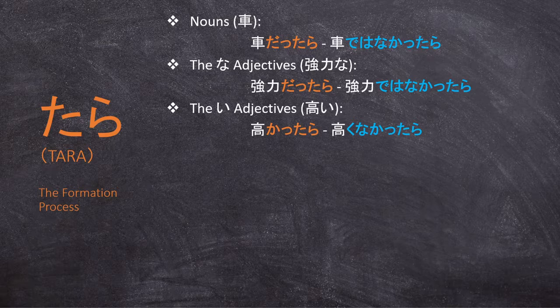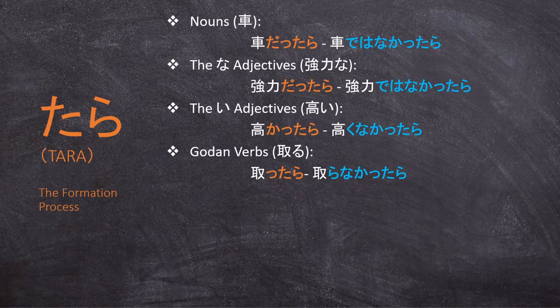First, you need to change the adjective into its negative form. Then you need to change the nai part of it into its simple past form, and then add ra. And you will get takaku nakattara. So you first need to form the takaku nai part, after that change it into takaku nakatta, and only then add ra. So in my opinion, the i adjectives are maybe the most difficult ones to use with the tara conditional, but after enough practice, it becomes easier.